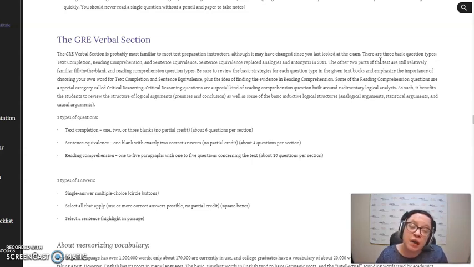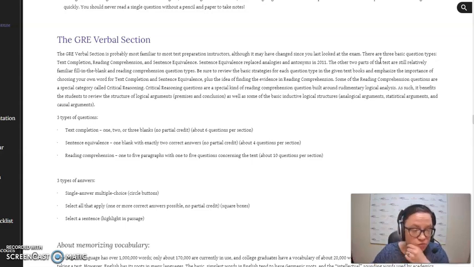So you should have the students review the structure of logical arguments, premises, and conclusions, as well as the most basic inductive logical structures, analogical arguments or analogies, statistical arguments where you reason from a sample to a larger group, and causal arguments where either you're attempting to identify the cause of some effect or a way to consistently generate the same effects usually.